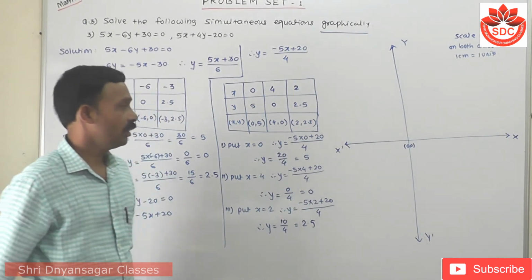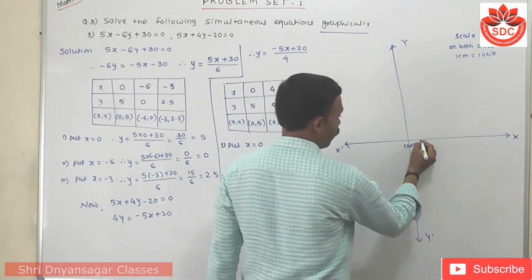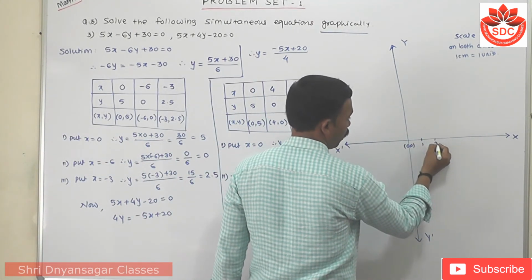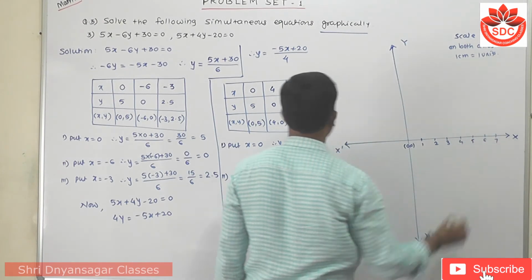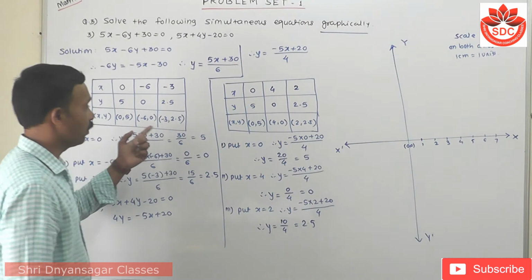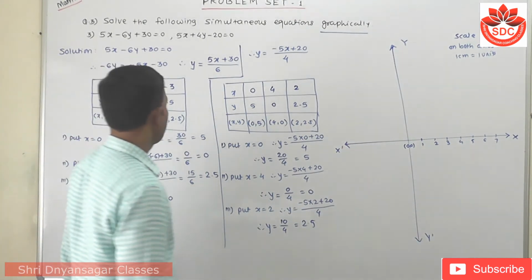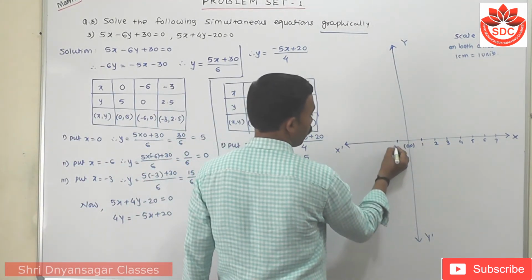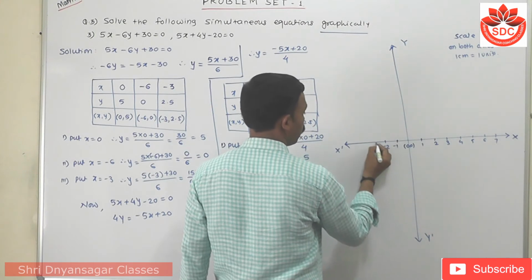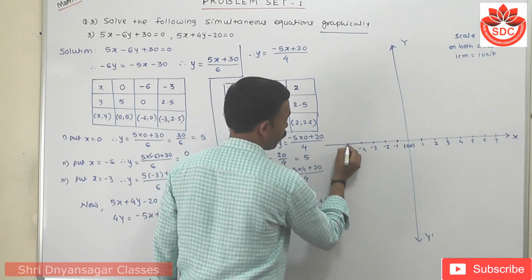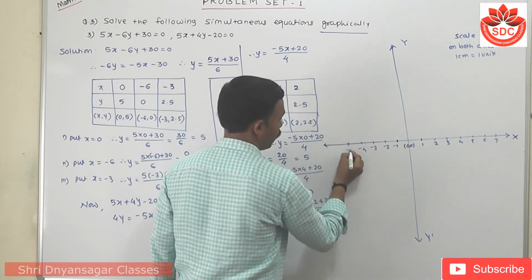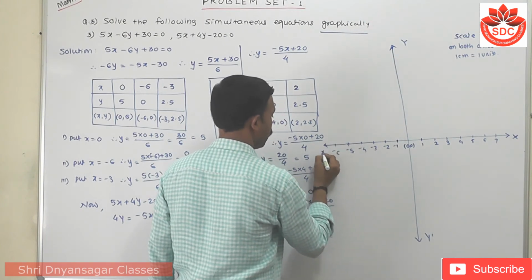Now students, I have taken here 1, 2, 3, 4, 5, 6, 7. Here the bigger number is only up to minus 6. So I have taken here minus 1, minus 2, minus 3, minus 4. I have to extend this graph. Minus 5, minus 6. This is x dash.